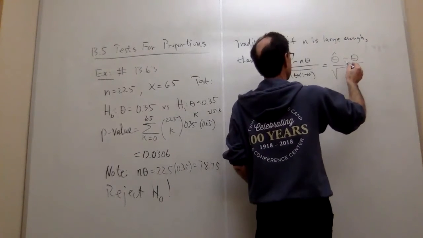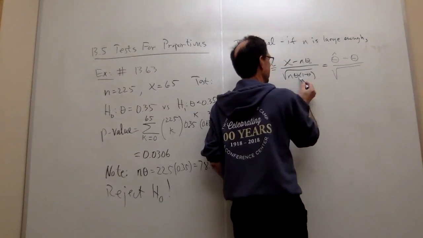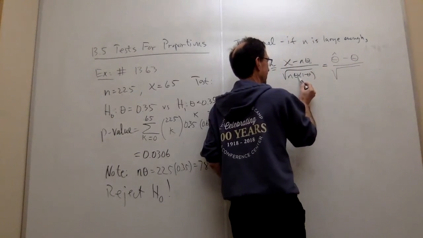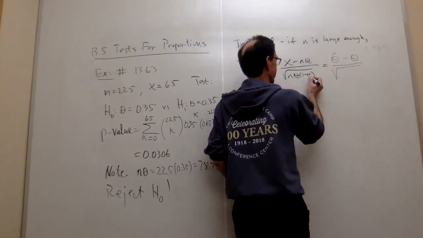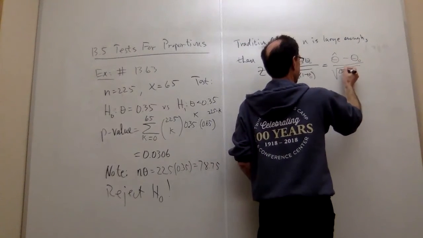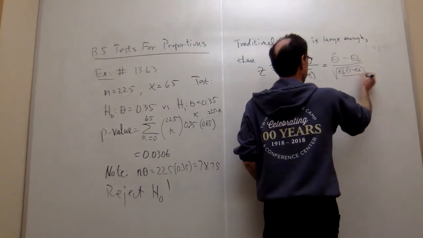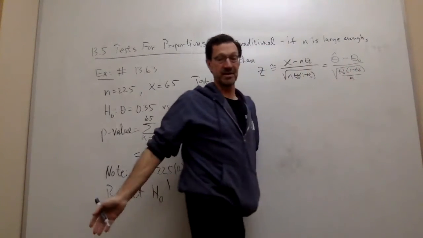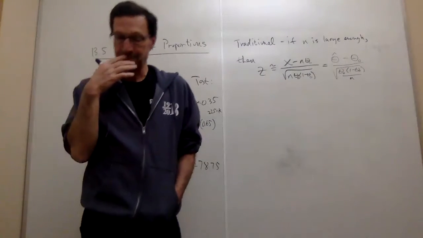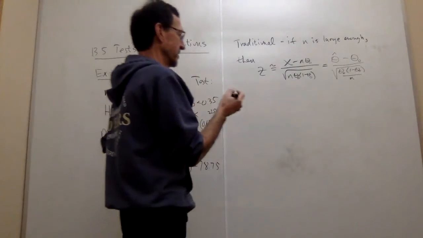So we end up with, these should all be theta zeros because we're assuming when we do the calculations, the null hypothesis is true. So we have theta 0 times 1 minus theta 0, and we'll divide by n. You can think of it either way, it doesn't really matter. I think for the calculations I have, I'm thinking of it the first way.